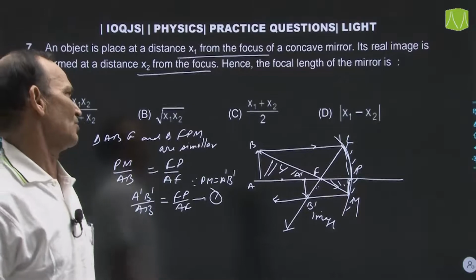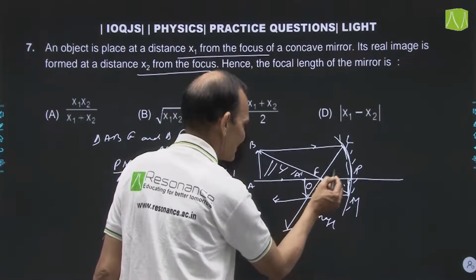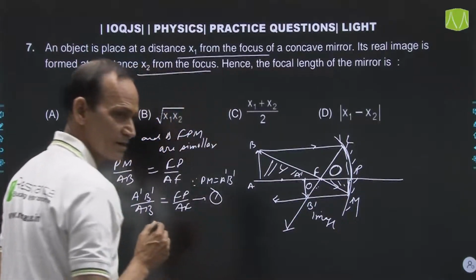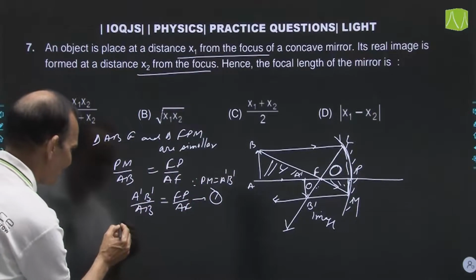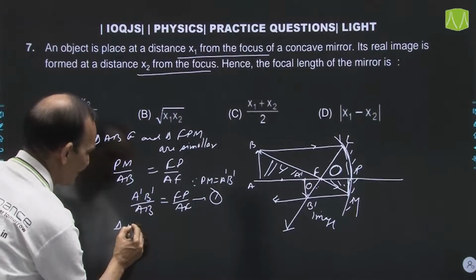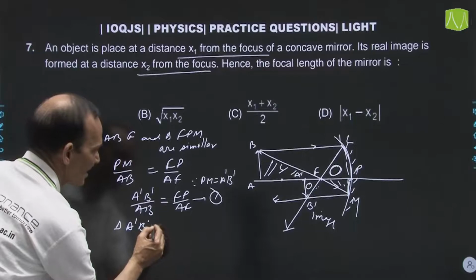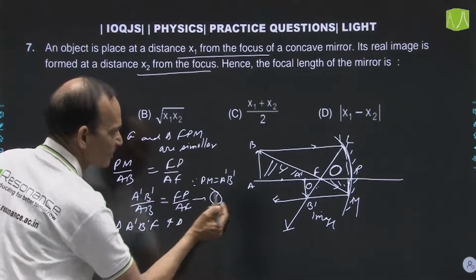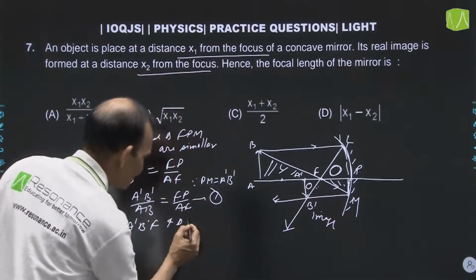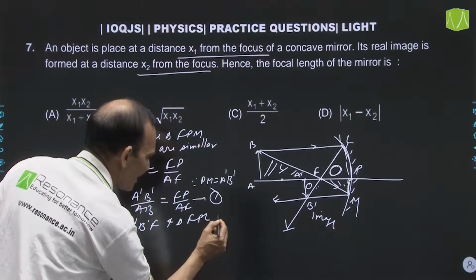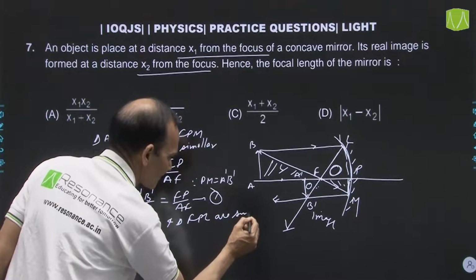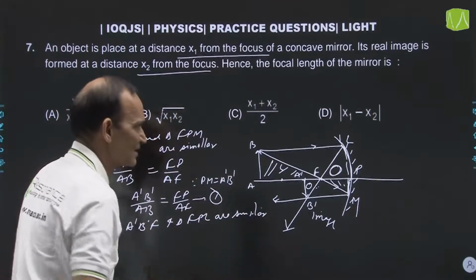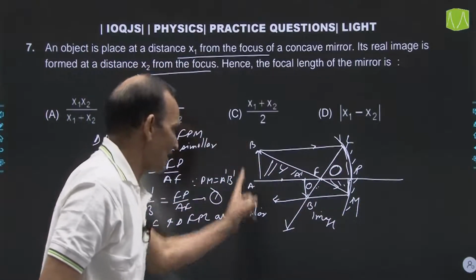Same thing about this triangle and this triangle. See this triangle, triangle A'B'F and triangle FPL are similar. We can also write LP and AB will be equal.